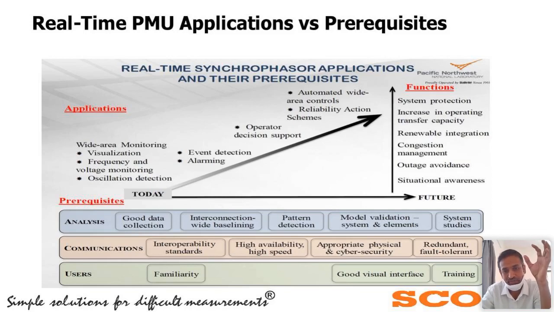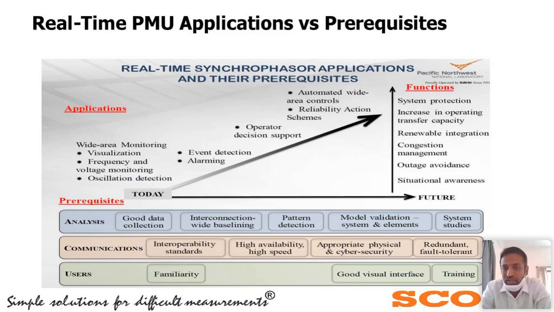These are all very important when it comes to communication. On the user side, there are the dashboards: whatever data is collected, analysis of the data, and putting that information in front of you, saying these are the problems, these are the issues, these are the decisions you need to take. So it is like a user interface or good visualization interface, and training on the system. These are very important things before you go into the full-fledged utilization of WAN systems.